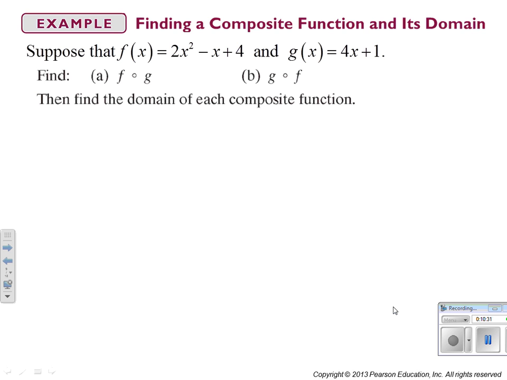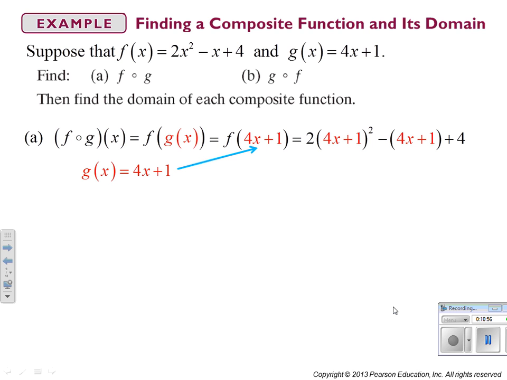So I'm going to take where my x is in f of x, right next to the 2 squared and right after the minus sign, put parentheses where that x is and shove in my entire g of x function, replacing it with 4x plus 1.